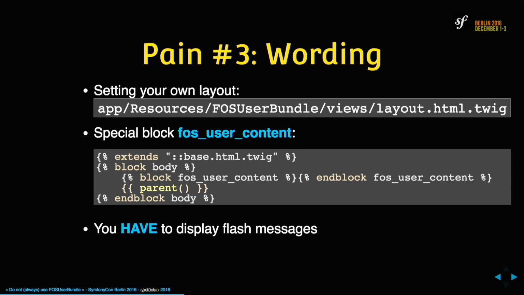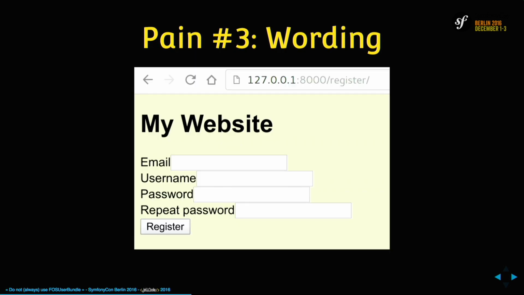And most of the time, this layout is only about calling your own layout and implementing the block of FOSUser in it. So it's just a layer of compatibility between your application and the FOSUserBundle views. And then you have a beautiful registration form.